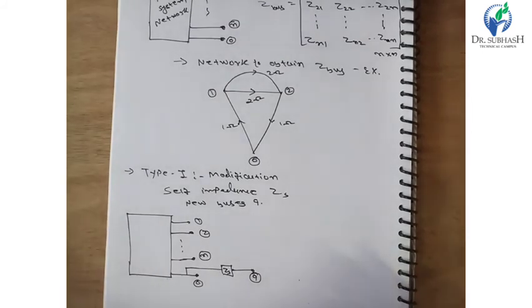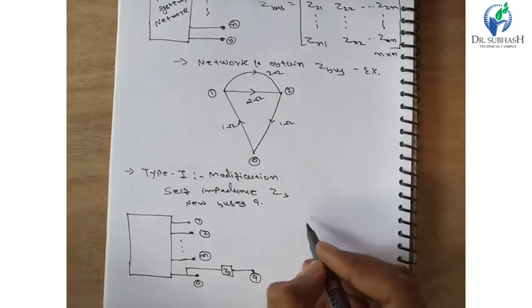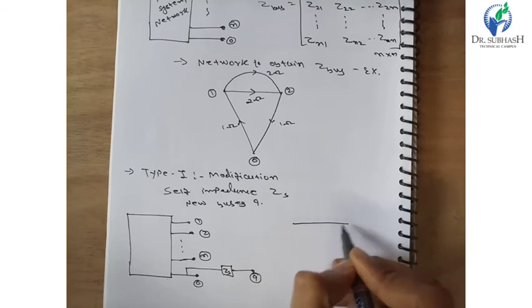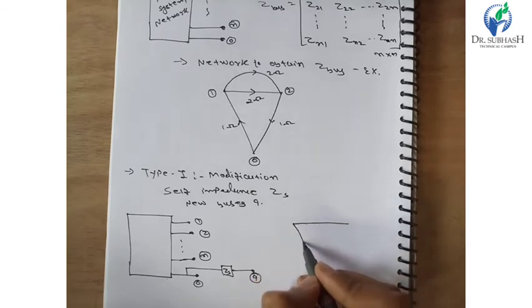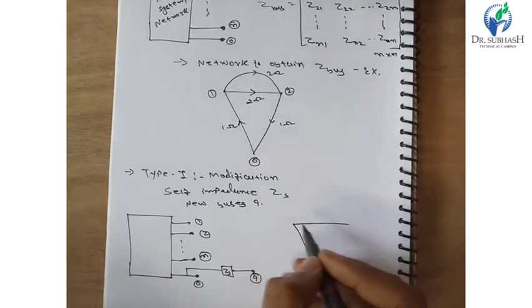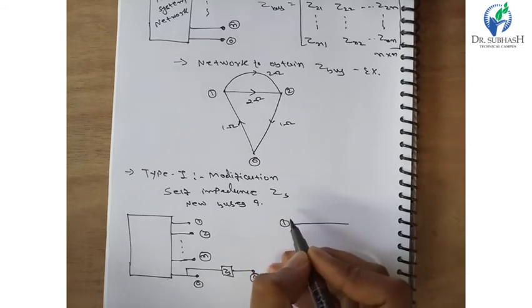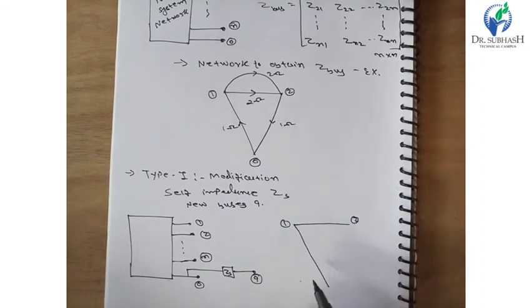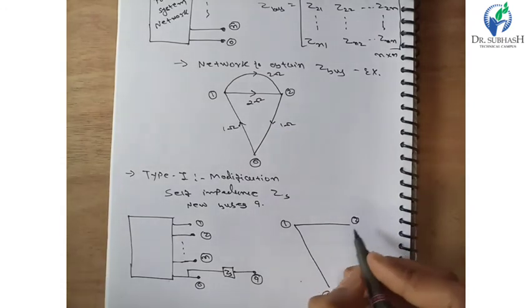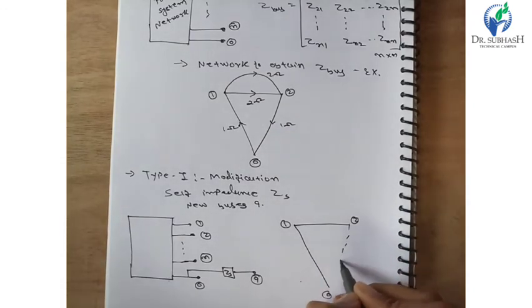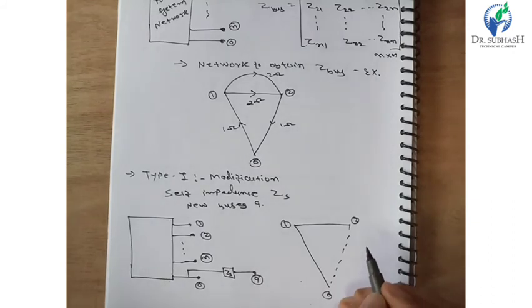Now to draw the graph of this network, it is the same as before. Here it is a continuous line for node 1, node 2 and node 0, the reference node. This is a dotted line between node 2 and node 0.